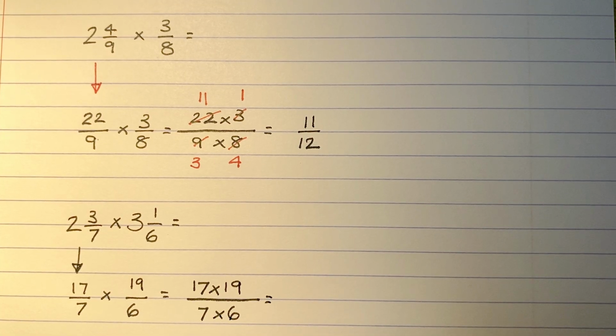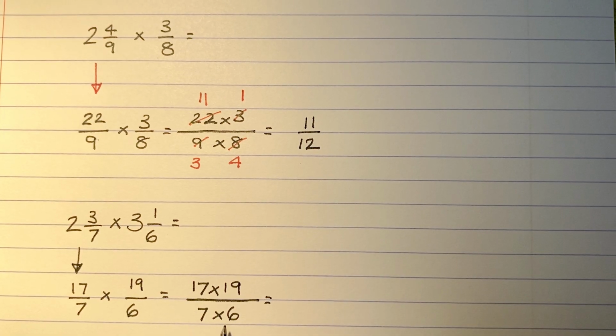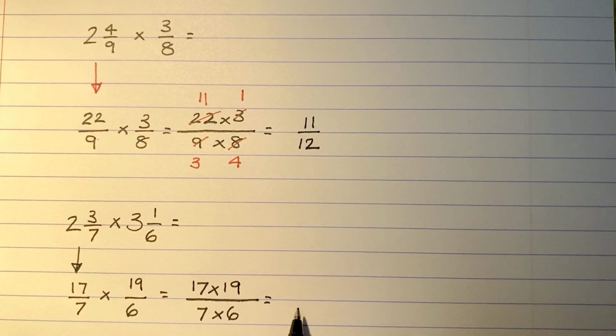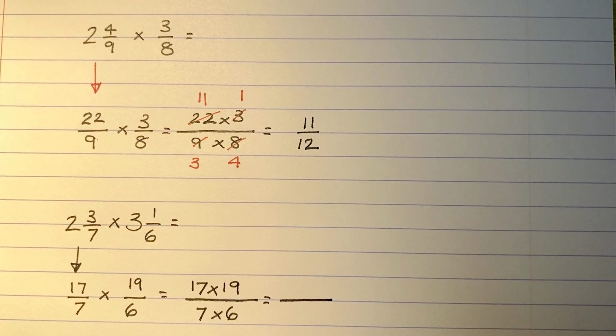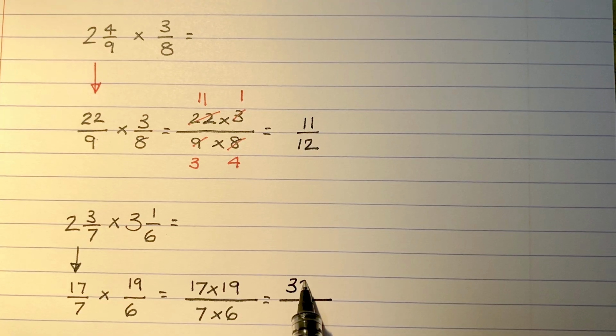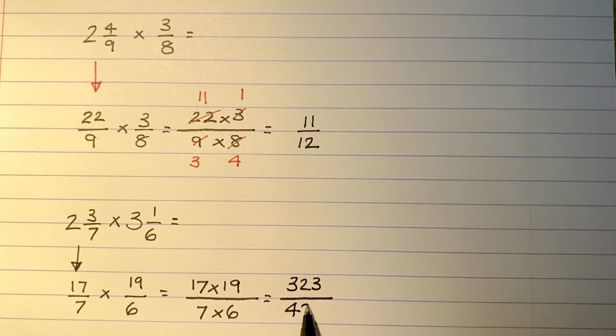You can see that in this question, 17 and 7 don't cancel, 17 and 6 don't cancel, 19 and 7 don't cancel, 19 and 6 don't cancel. So we need to just work it out. 17 times 19 is 323, and 6 times 7 is 42.